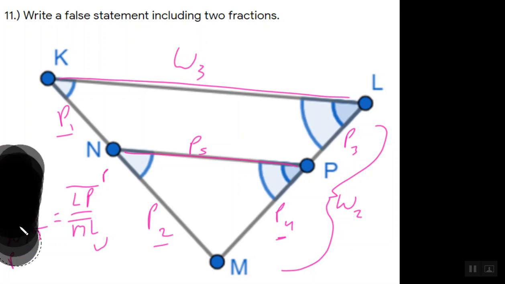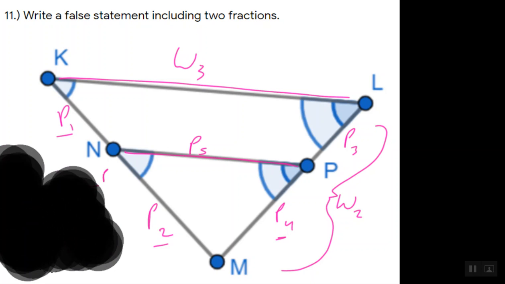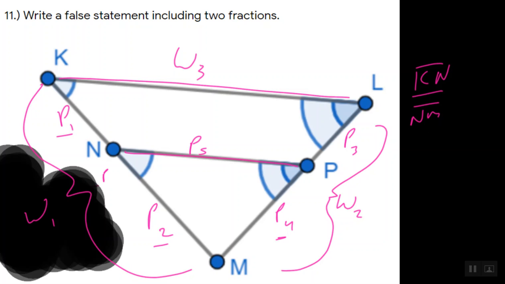Well, let me go ahead and erase that. Now let's go ahead and label one other thing. Let's label this whole thing as whole number 1. Well, another thing we could do is part 1 over part 2. So we could say, okay, NM over NM is congruent to NP over this whole thing down here, KL.